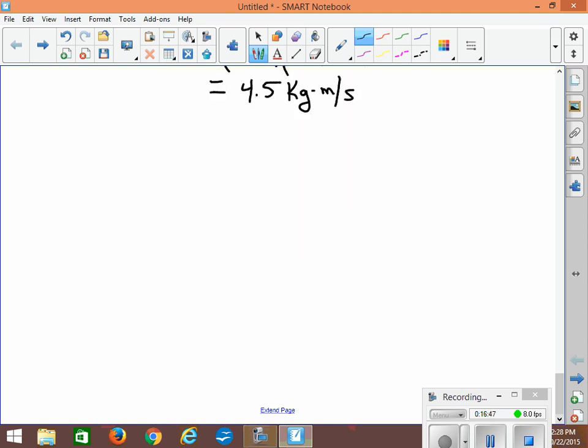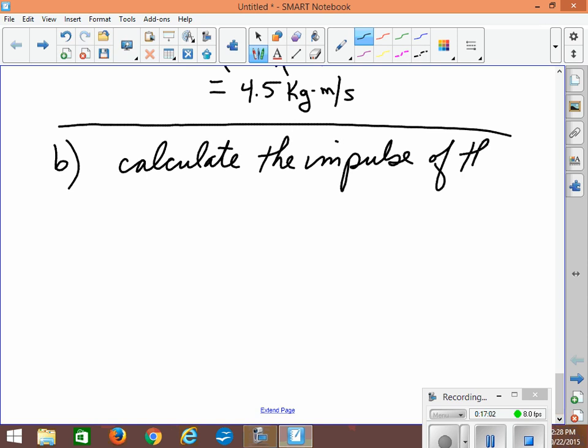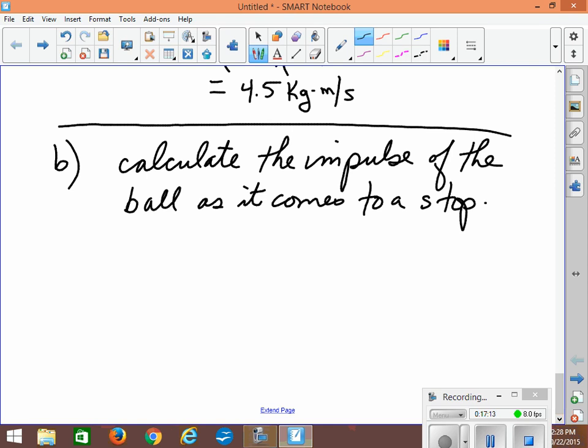That is the initial momentum of the ball. All right. Part B is to calculate the impulse of the ball as it comes to a stop in the glove. So impulse is equal to the change in momentum, which would be the final or second momentum take away the initial or first momentum.